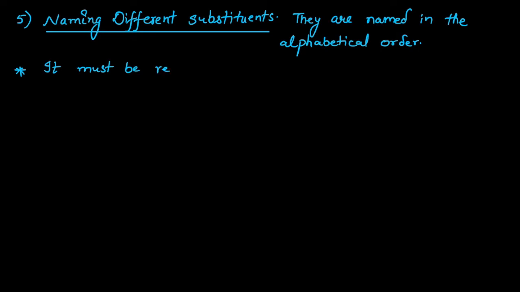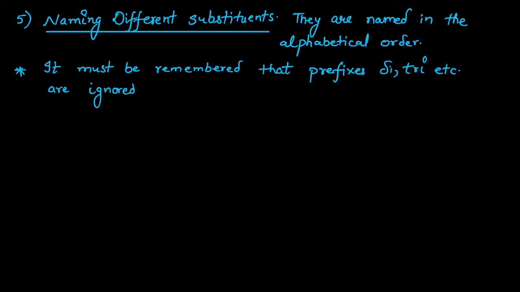There is a very important point in this rule: prefixes such as di, tri or tetra, which we used in the previous rule, we will ignore while comparing the substituents in this particular rule, that is naming different substituents.